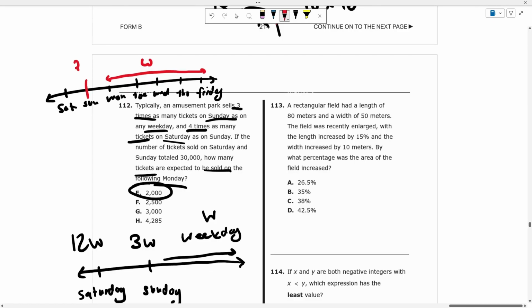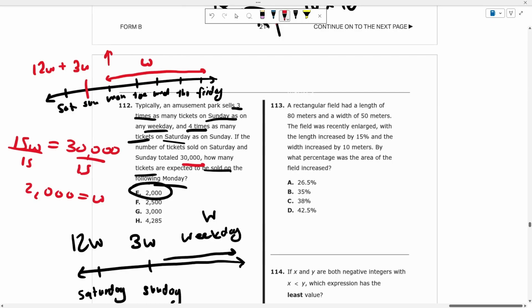Then on Saturday, we sell 4 times as many tickets as on Sunday. So 4 times 3W is 12W. So now we know that we sold 30,000 tickets on Saturday plus Sunday. That's where I got the 15W from, which is then equal to 30,000. If we divide both sides by 15, we get 2,000 is equal to W. So on every single weekday, we sell 2,000 tickets.